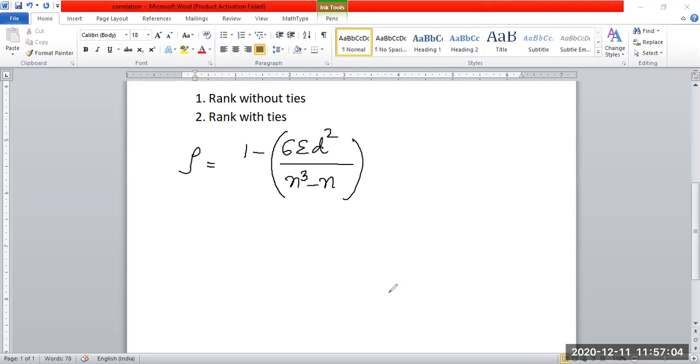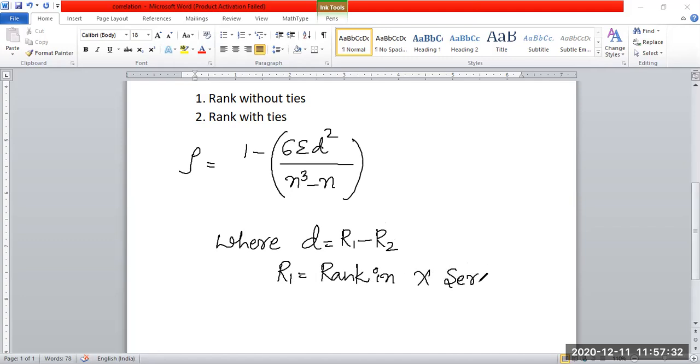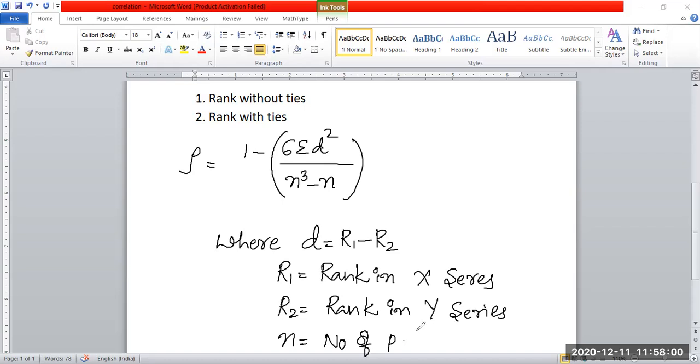This is the formula for rank without ties, where d is equal to R1 minus R2, R1 is the rank in X series, R2 is the rank in Y series, and n is equal to the number of paired observations.